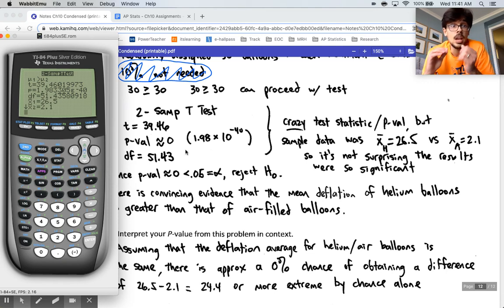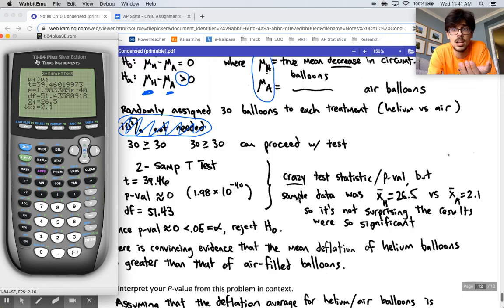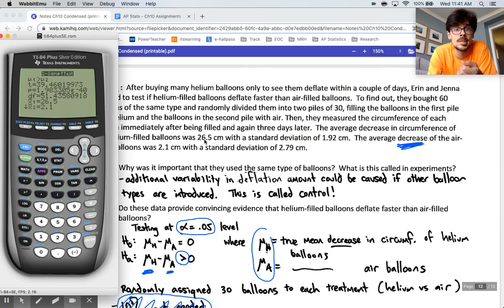Now, if you look at what's going on here, my test statistic was almost 40. That is ridiculously high. We usually get like 1 point something, 2 point something. But look at what happened in our data. We had a mean difference of 26 centimeters for the helium group versus 2 centimeters for the air group.